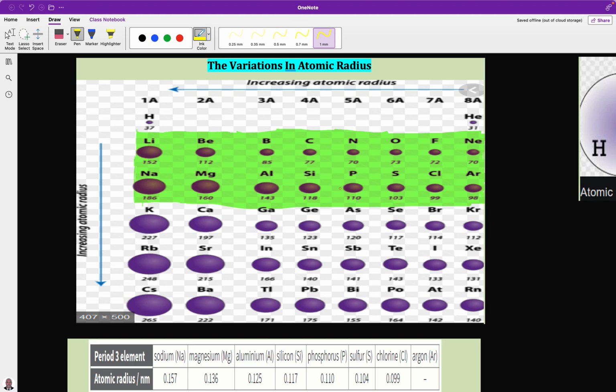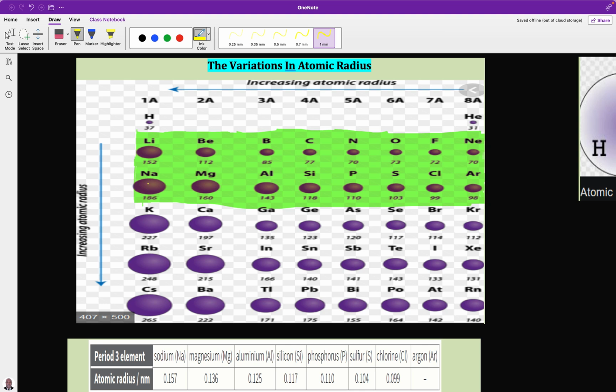On the other hand, as you move down the group, the atomic radius is instead increasing. Why? As you go down the group, there is a consistent increase in the number of shells. The shells are increasing by 1. From lithium, this is period 1 here. Now period 1 to period 2.